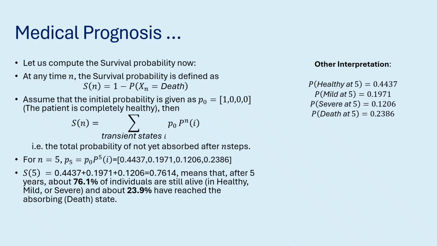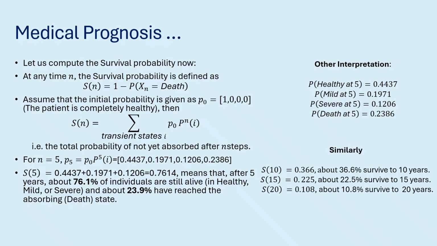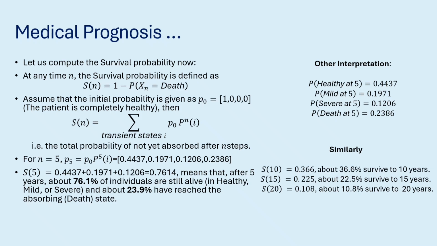So individual probabilities are also shown there. But 23.9% of the cases will reach the absorbing state. Similarly, S of 10, 15, 20 are also calculated, and you can see that the probabilities are going down. That is natural, because survival goes down as time passes.